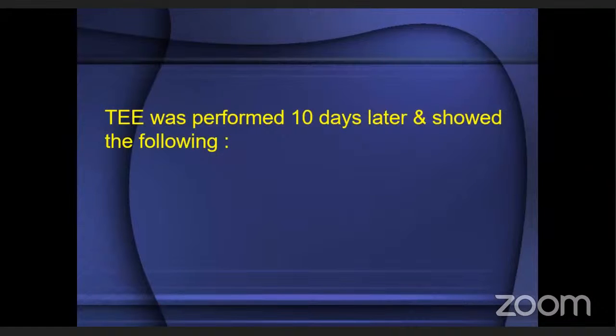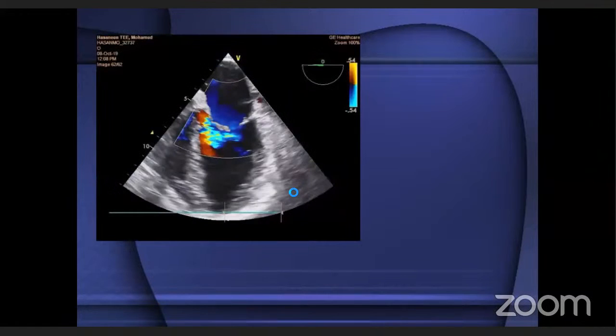Continue. The TEE was performed 10 days later and showed the following. Initially, in the AF patient, we want to assert that there is no left atrial thrombi, especially in the left atrial appendage. So our first image was in the 4-chamber view.